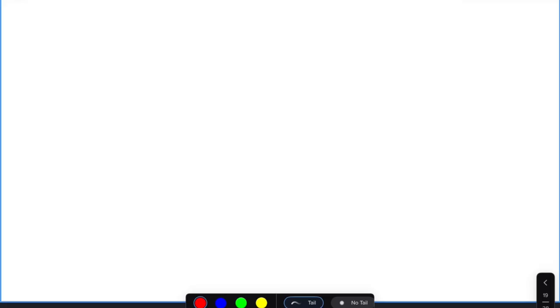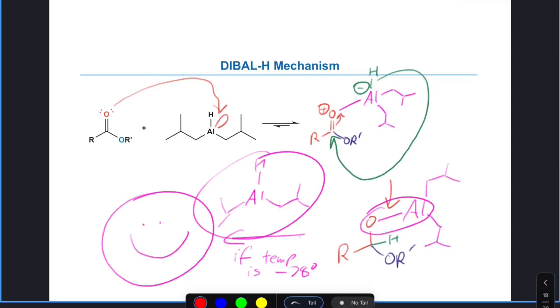So what we can do to complete this mechanism, I'll just redraw it.